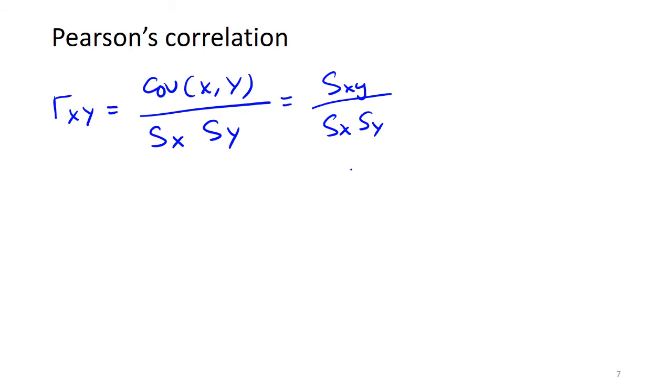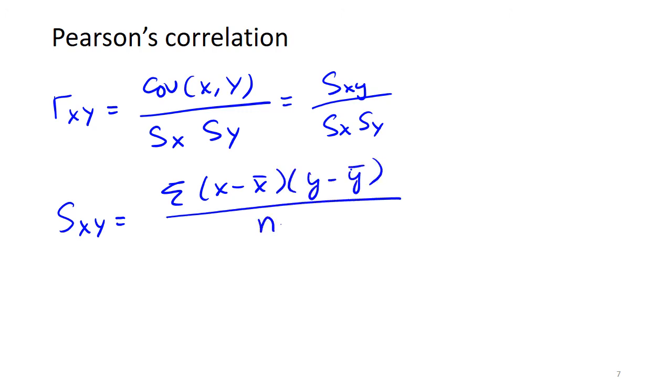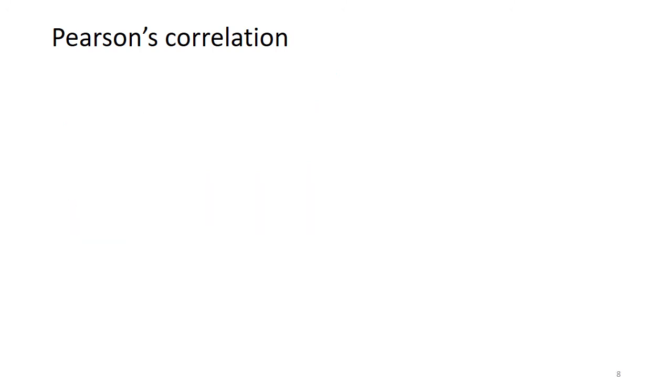The covariance of x and y is defined as follows. A correlation coefficient has no unit of measurement. If the covariance between x and y is A, what is the covariance between y and x?